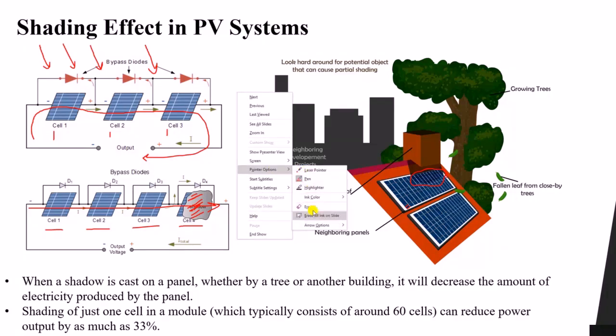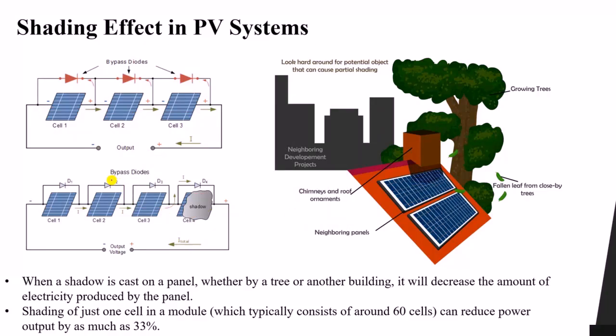In this case, we use the bypass diodes. What does a bypass diode do? It bypasses a cell or a panel. As you can see, the current will flow like this through these cells, which do not have any shading effect. Then when it comes to this cell or panel which has a shadow on it, the current will flow through the bypass diode.